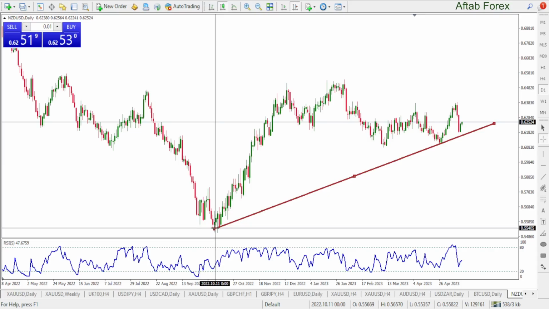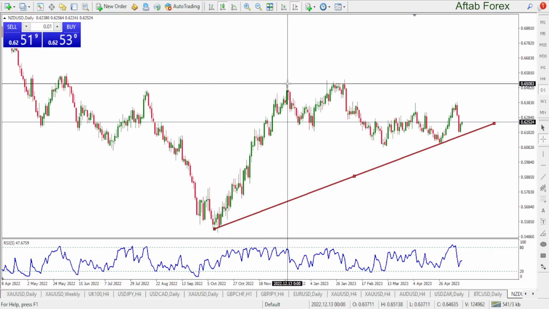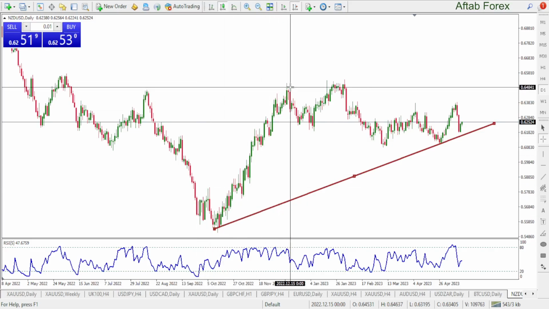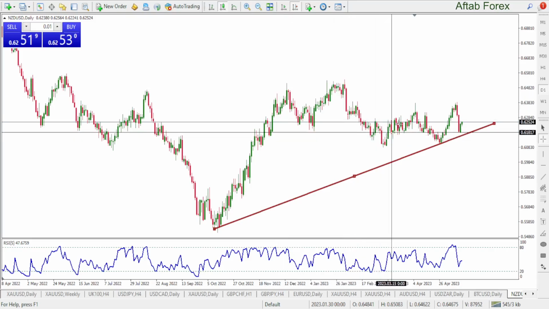It all started from 11th October 2022 to 13th December 2022, so a month's worth of impulsive wave. And since then, the market has been ranging this year.